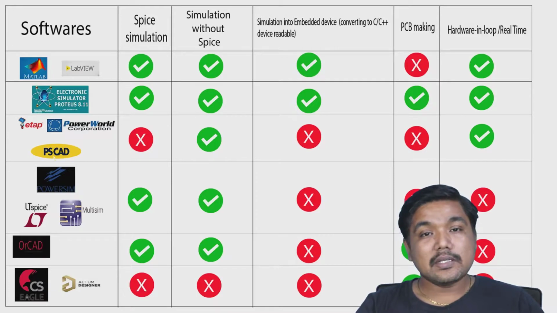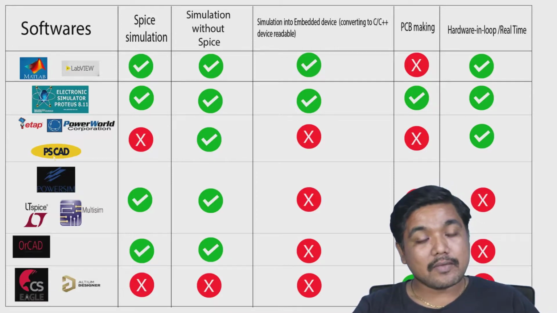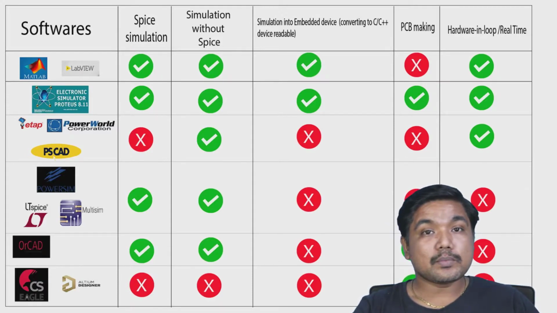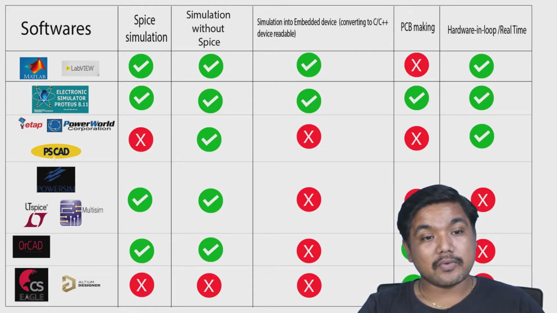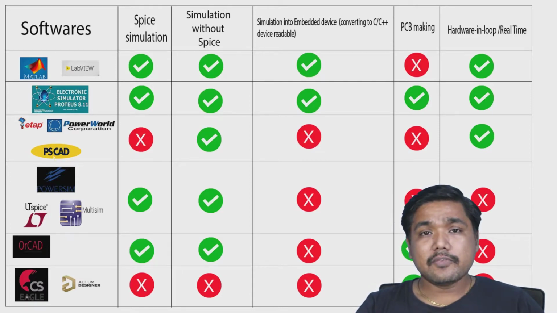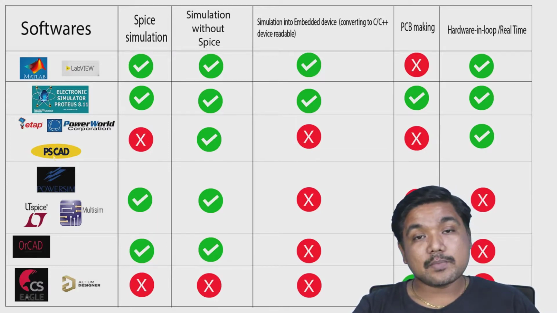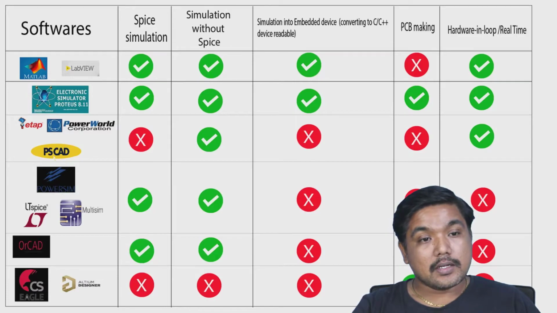Mostly I prefer MATLAB, LabVIEW and Multisim for power electronics and power systems. If you are more in depth into power systems, you can go for ETAP, PowerWorld or PSCAD. If you are more into electronics like amplifier design and other things, you can go for PSIM, LT-SPICE or Multisim.